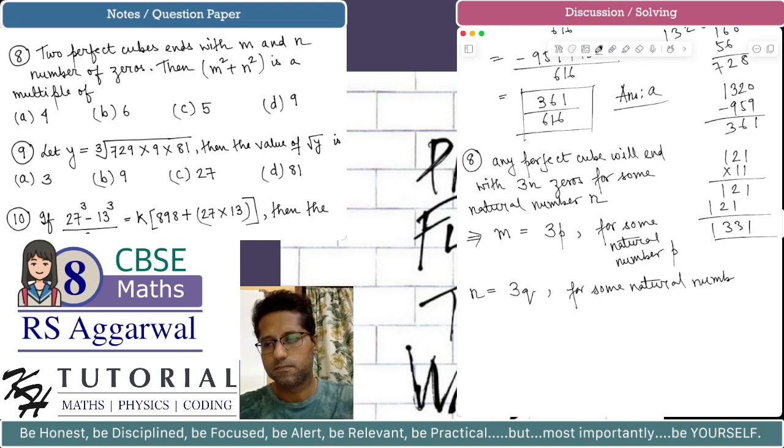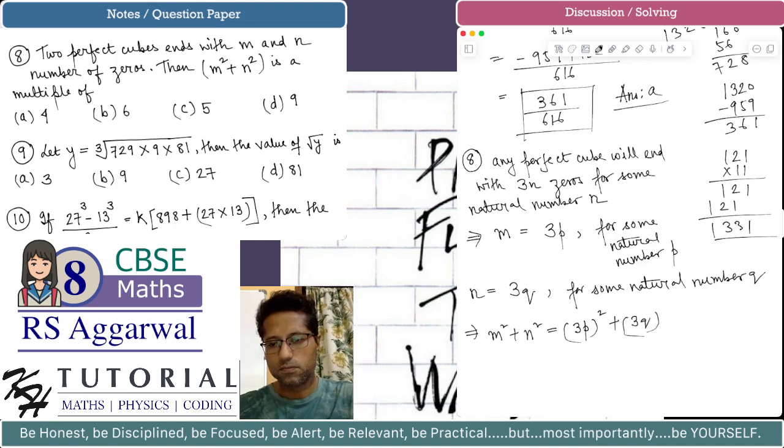So this implies m square plus n square will be equal to 3p square plus 3q square. This is equal to 9p square plus 9q square.